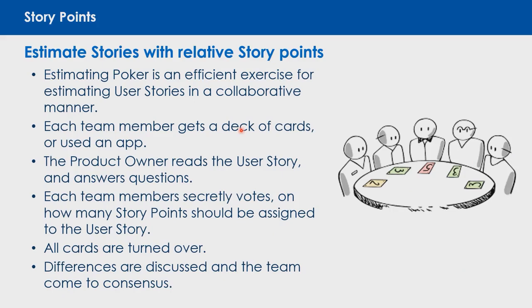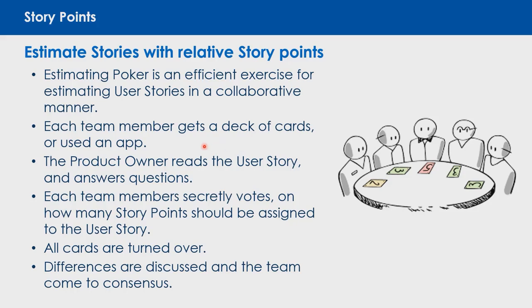One very popular exercise to estimate story points is called estimating poker or planning poker. It's not a game. It's a very efficient, collaborative exercise. Each team member gets a deck of cards or an app. If this is done in a distributed manner, you can certainly use a chat session of a web conference.